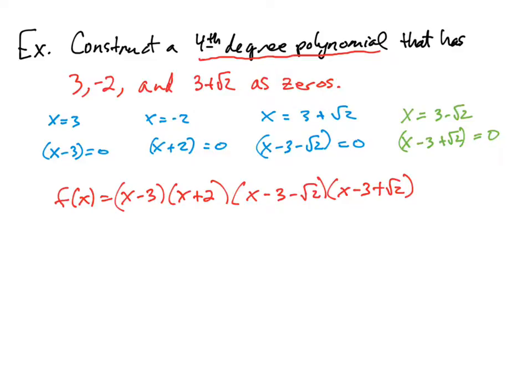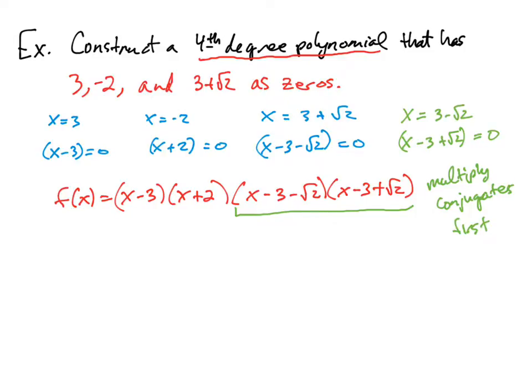So let's multiply this out. When we're doing this, we always want to multiply the conjugates first, because some of the terms will cancel, so multiply conjugates first.